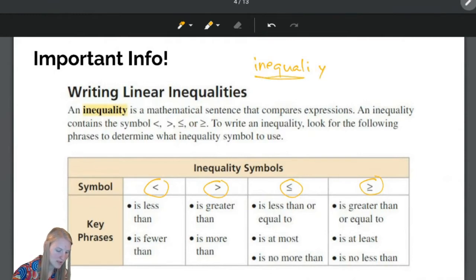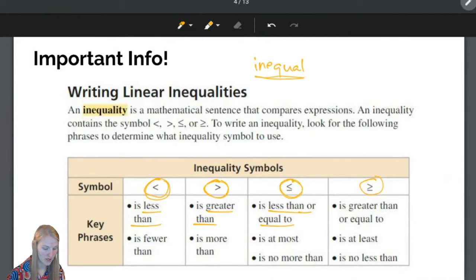If we just take away the itty at the end, you see it is unequal. So when we talk about inequalities, we're not talking about things that are equal. Instead, we're talking about things that are less than, that's what this symbol means, greater than, what this symbol means, less than or equal to.